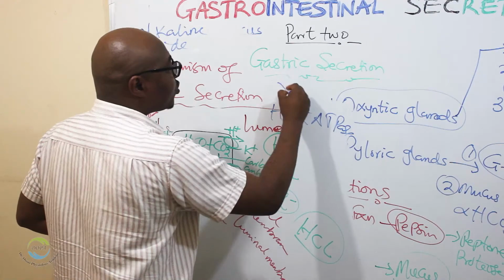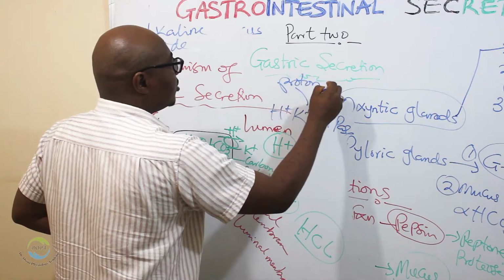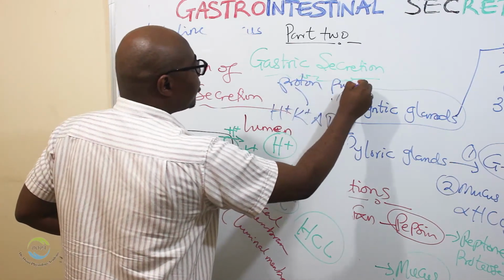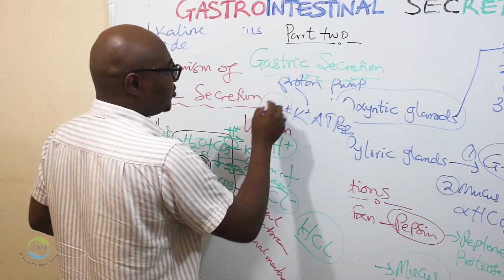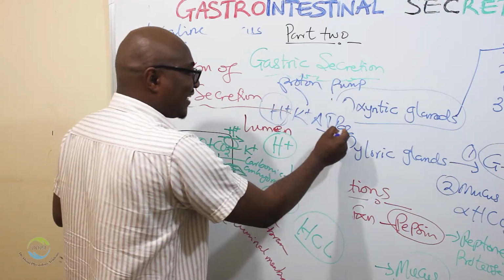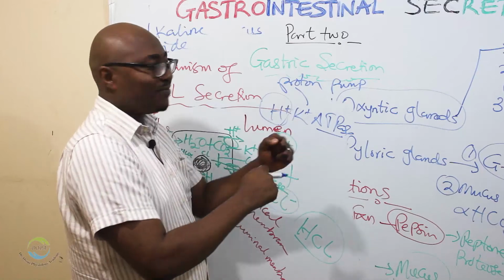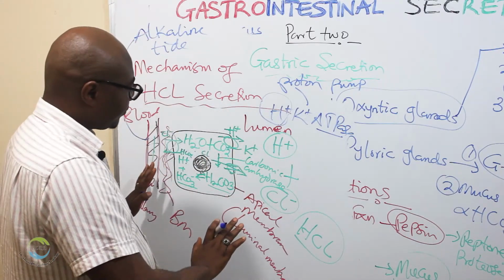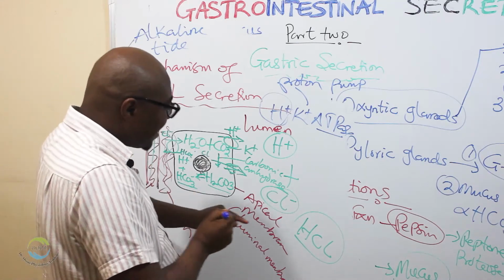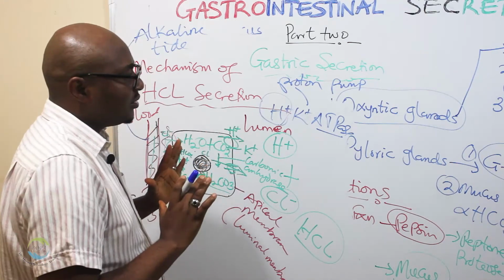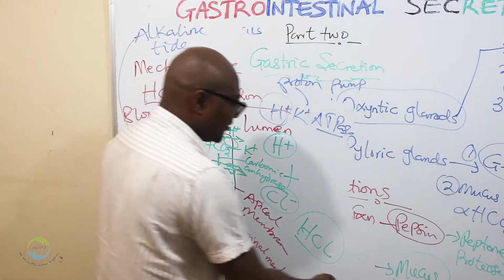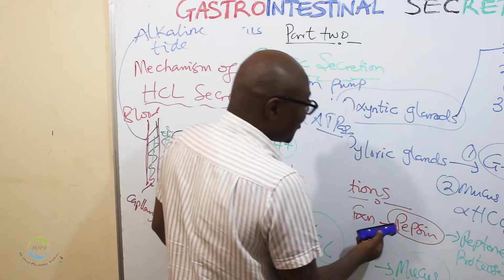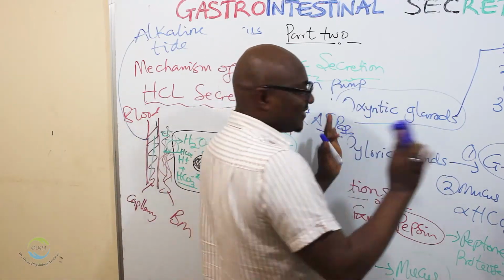Sometimes you call this the proton pump, because H is called a proton, and because it's active transport using energy, ATP, it's called a pump. So this is the mechanism. Alright? Then lastly, we'll now talk about the regulation of gastric secretion.